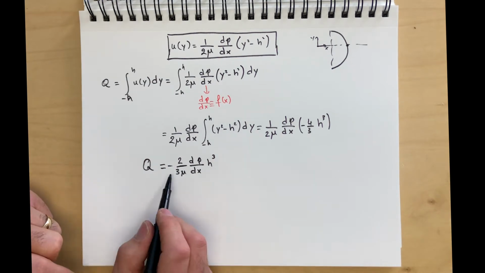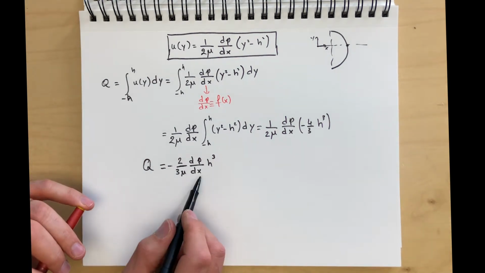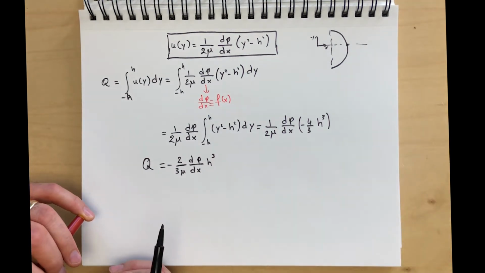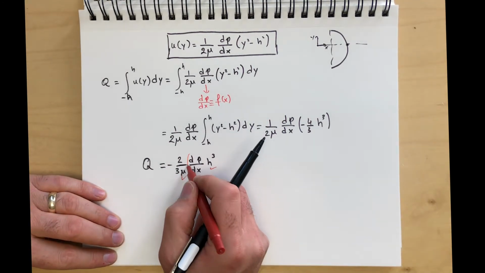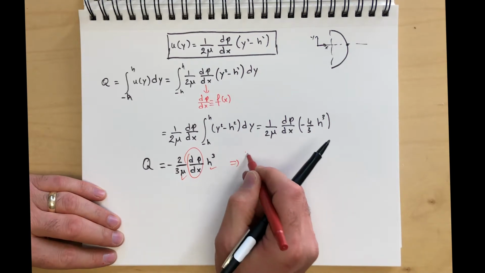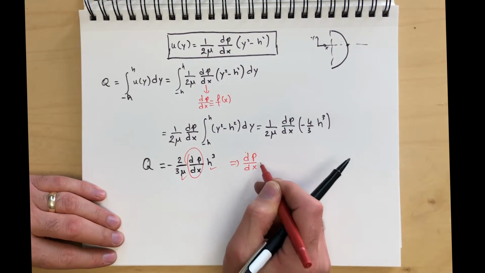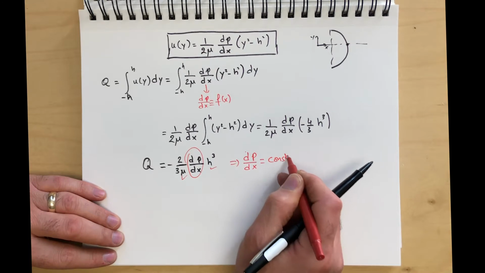Now we know that q, the volumetric flow rate, is constant throughout any section of the flow. And because mu and h are constants, this necessarily means that dp by dx is a constant.